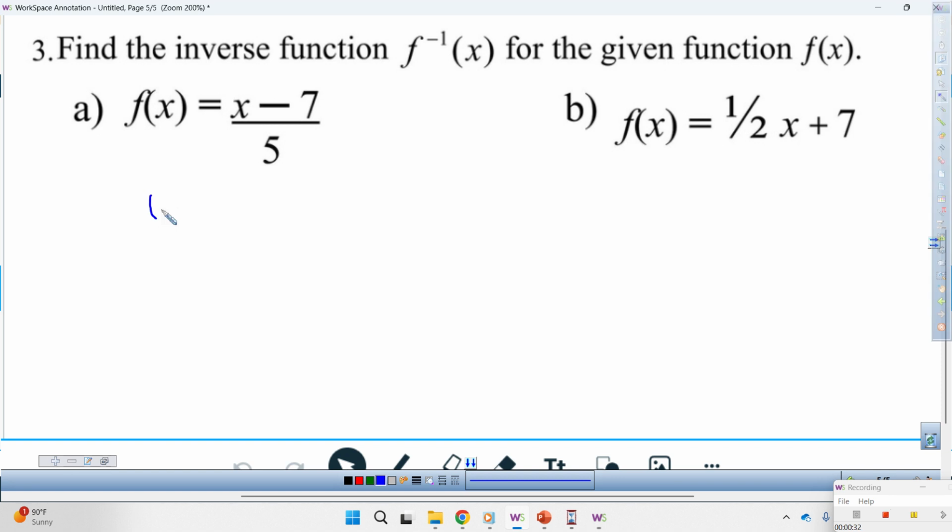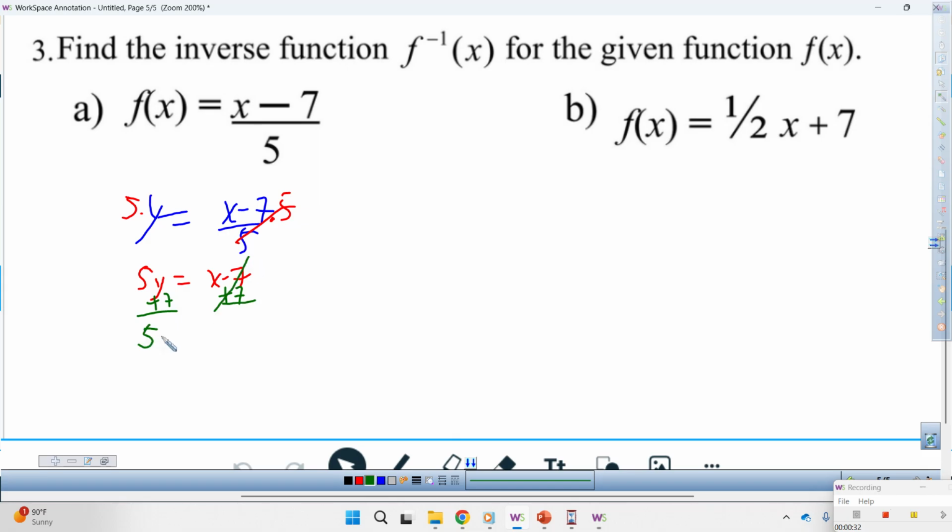Y equals x minus 7 over 5. To get rid of the 5, I multiply times 5 both sides. We end up with 5y equals x minus 7. So, how do we get rid of the 7? We add 7.